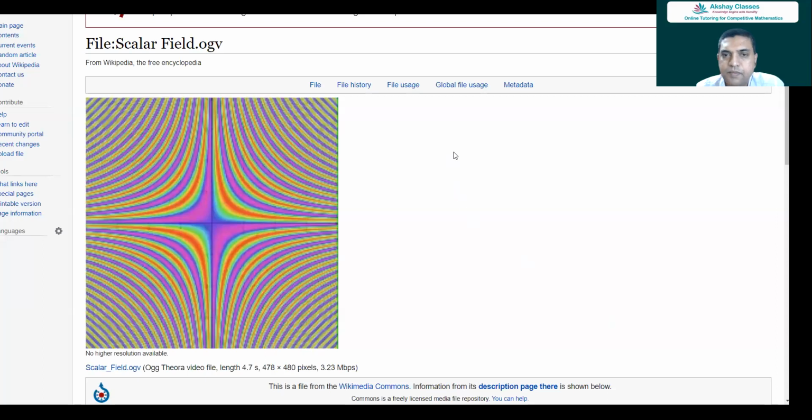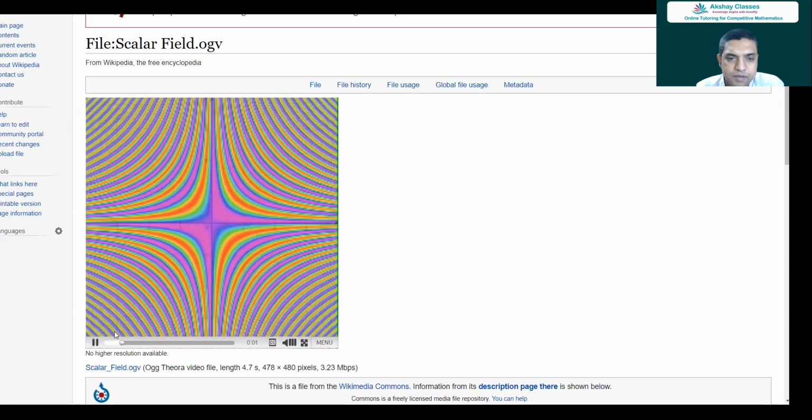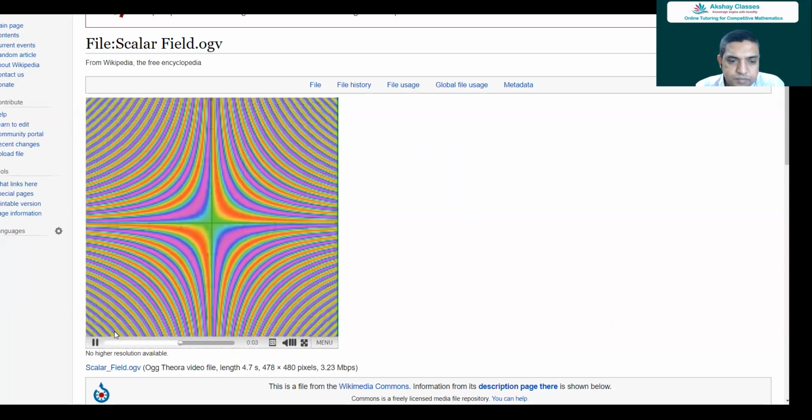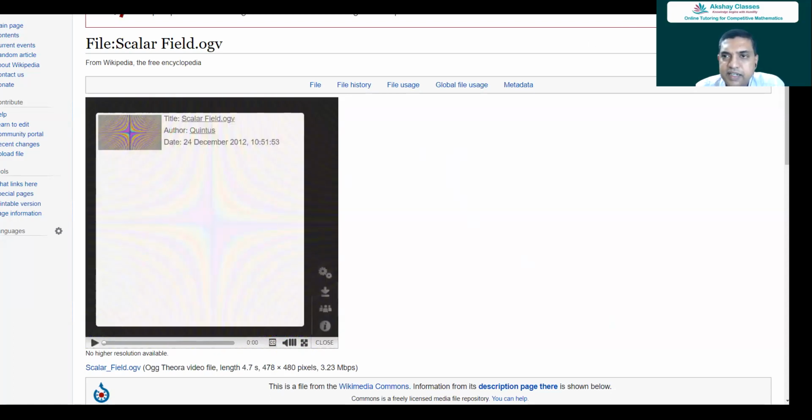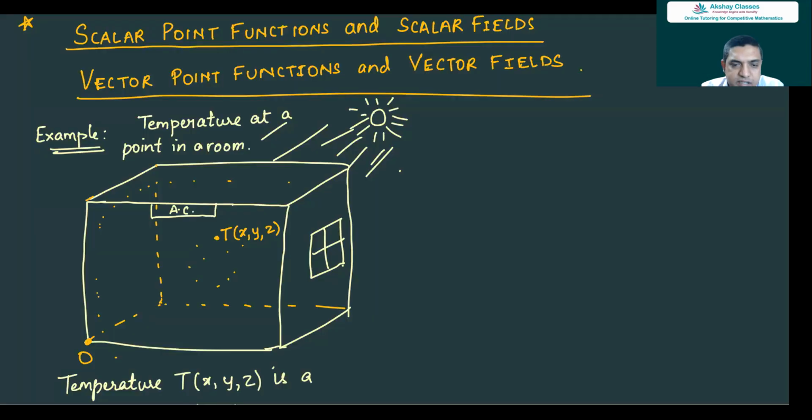So there's an example of a scalar field. It's two-dimensional, but what we discussed yesterday is a three-dimensional scalar field. Now let's understand what is a vector field.